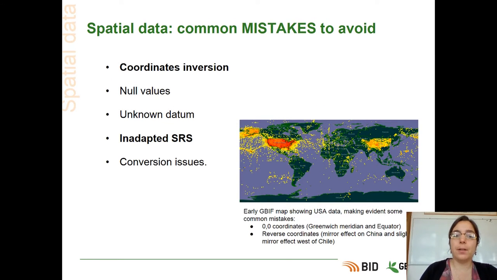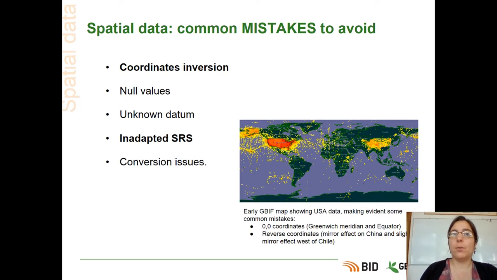As was the case for the taxonomic data, there are also some common mistakes to avoid when dealing with spatial data, such as coordinate inversion, null values, unknown datum, inadapted SRS, and conversion issues.